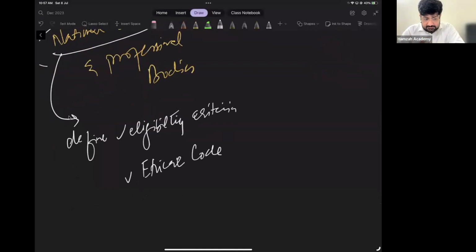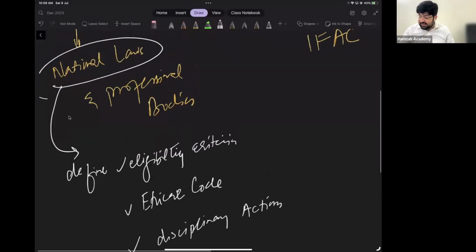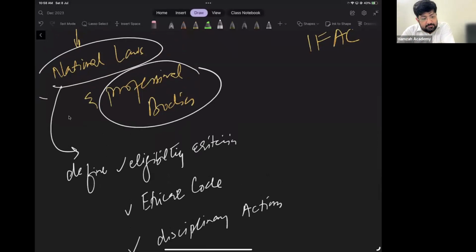And there might be some disciplinary actions against the auditor. If the auditor does not work properly, we will take action against that. Government, national law. Possibility is there. Same is the case with the professional bodies.